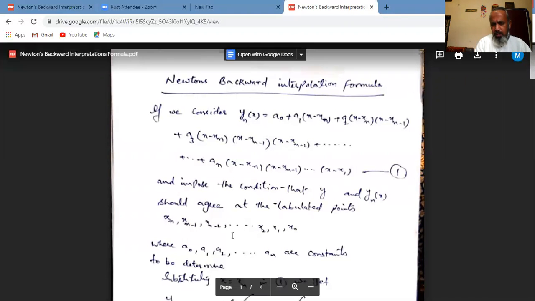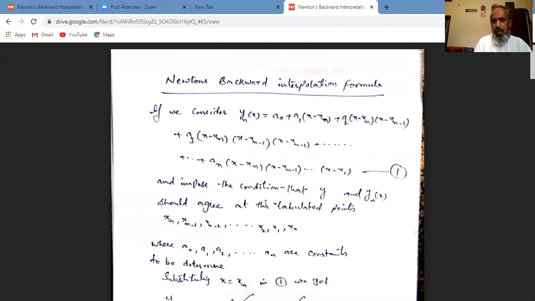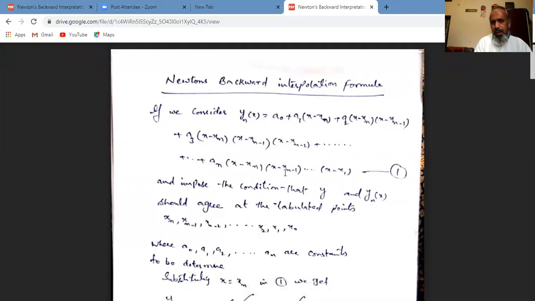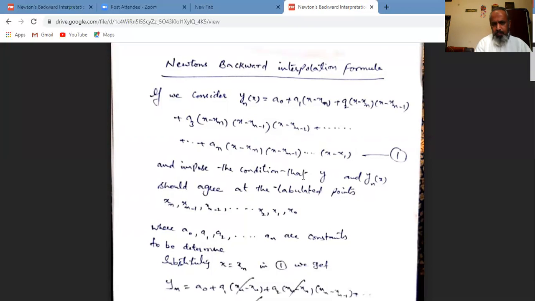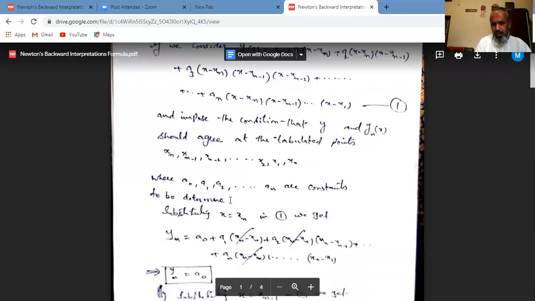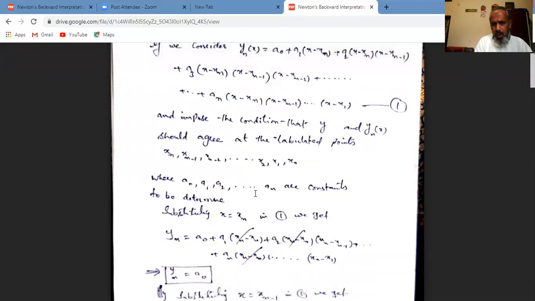For these n plus 1 points, we are assuming the polynomial yn(x) as equation 1, and a0, a1, a2, a3, ..., an are constants to be determined. So what are a0, a1, a2, an? These are the constants to be determined. Now, how to determine them?